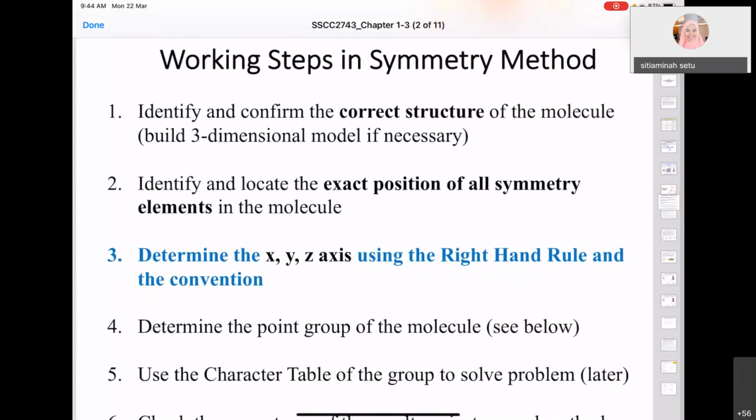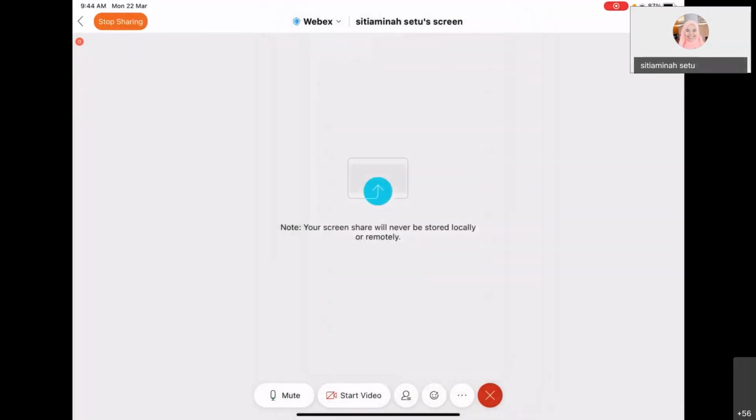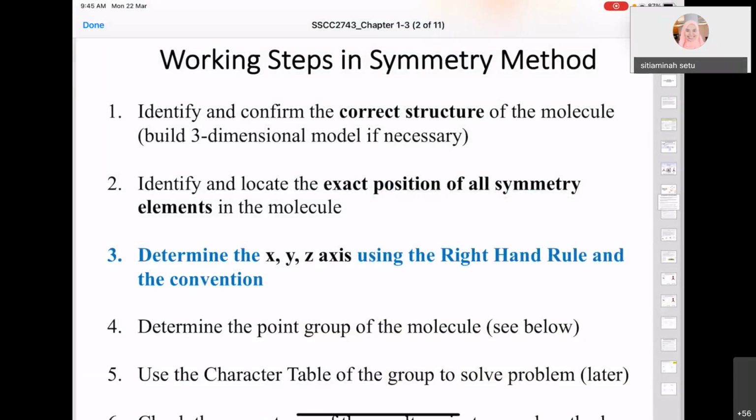So far, we have identified the structure of the molecule in a 3D model. You already learned this in the POC class. The structure of the molecule.